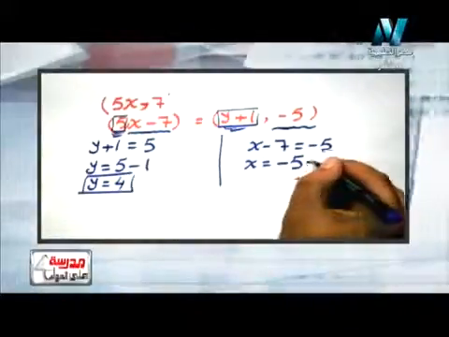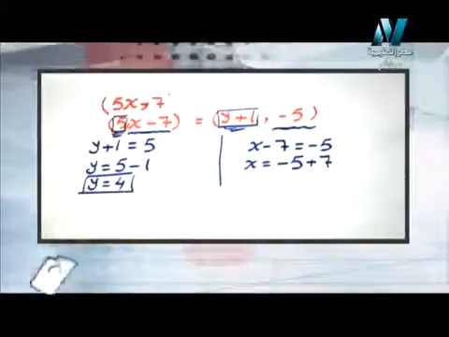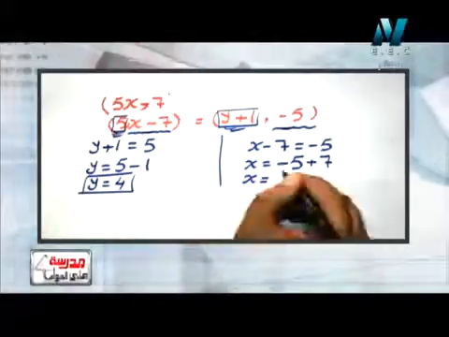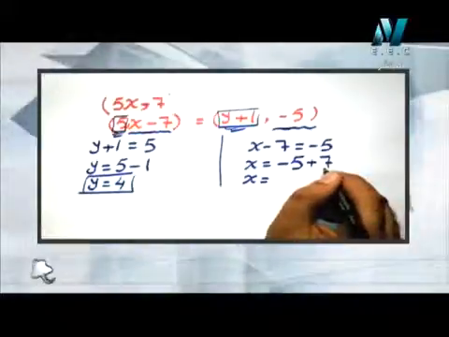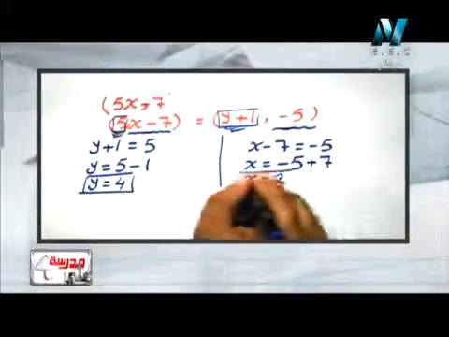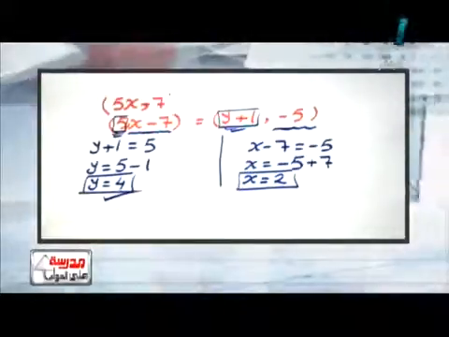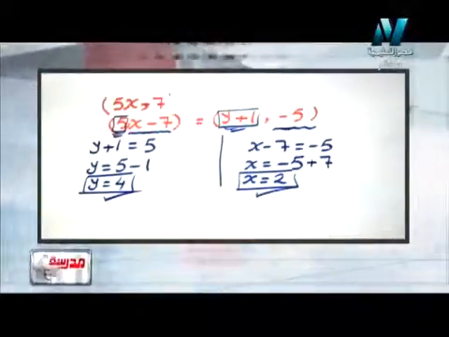It will be plus 7. Simplified, x equals negative 5 plus 7, which is 2. So finally we can say y equals 4 and x equals 2.